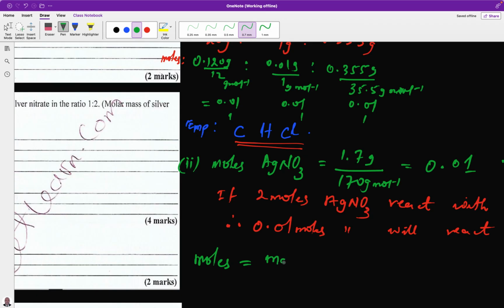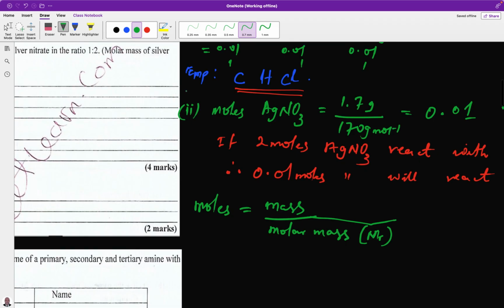Mass divided by molar mass. You can use this expression, and if you rearrange it, you will have everything. That is moles equal to mass all over molar mass.